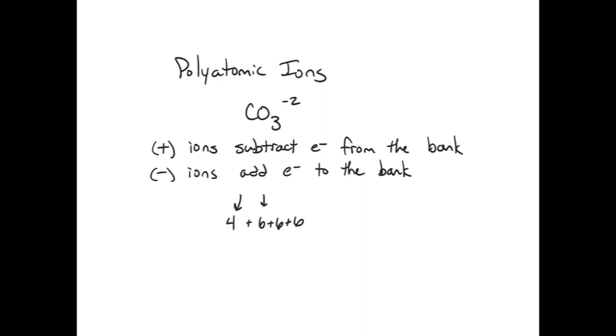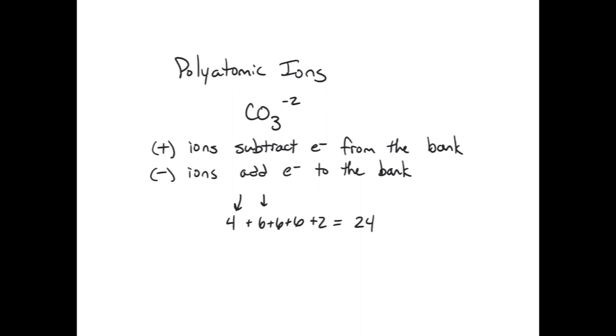Carbon is 4, each oxygen is 6 plus 6 plus 6, or 6 3 times, but the last thing you need to do is account for that -2 charge. And as we talked about, negative ions add electrons to the bank, and so all you do is simply add 2 to get your final number. And so I added 2 to get 24.